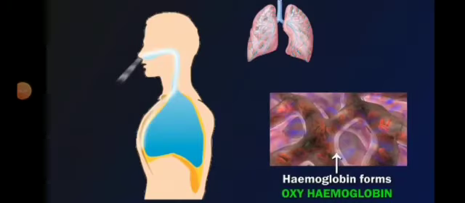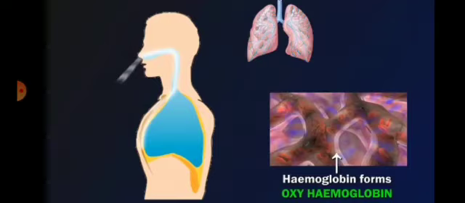Inside the blood, oxygen fuses with the hemoglobin portion of the blood to form oxyhemoglobin. So this is the component formed after the fusion of oxygen with the hemoglobin part of the blood.